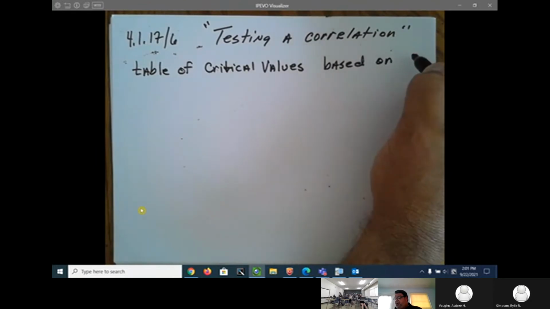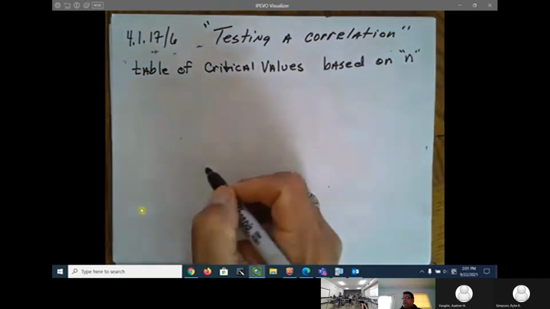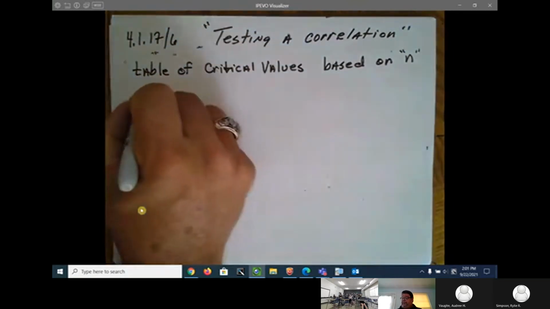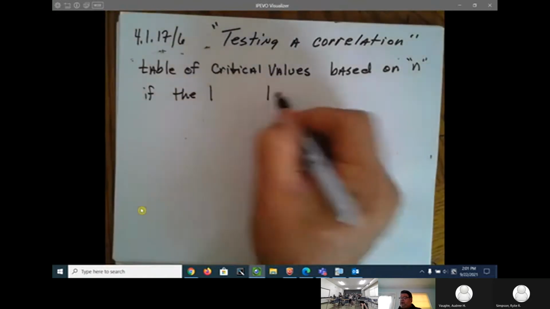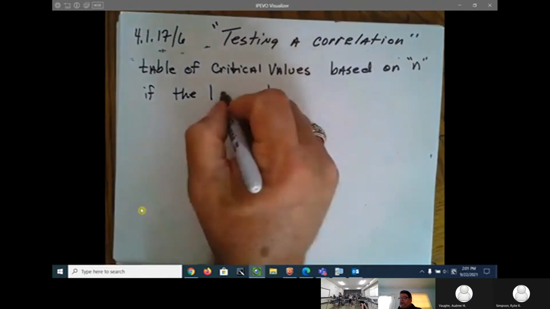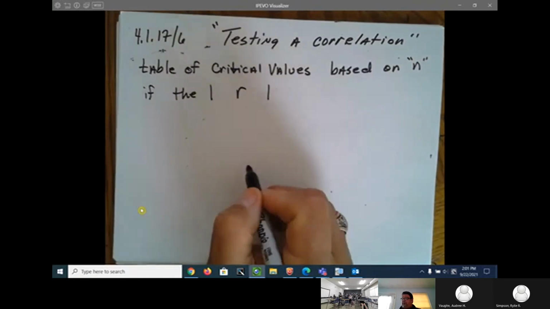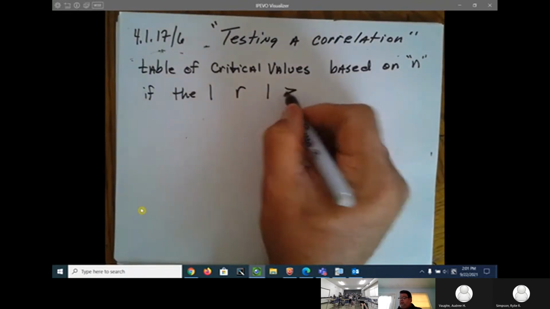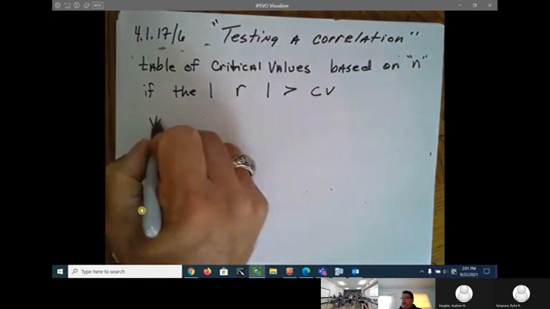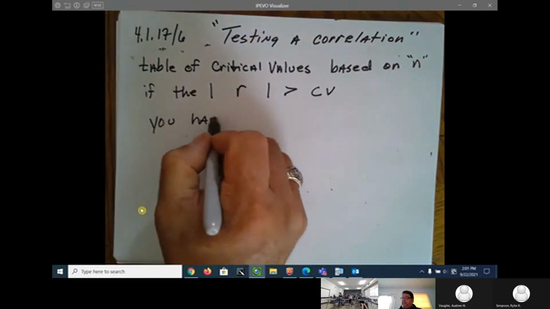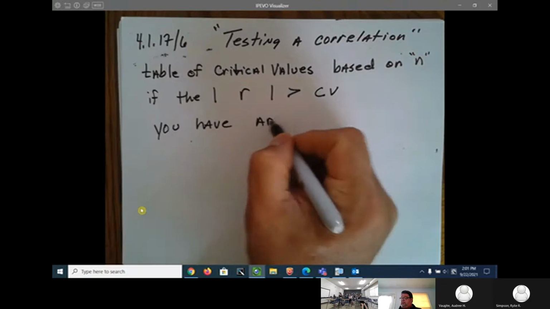If you have 10 points, you look at N is equal to 10. If the absolute value of your correlation coefficient, R, is greater than the critical value, you have a correlation.